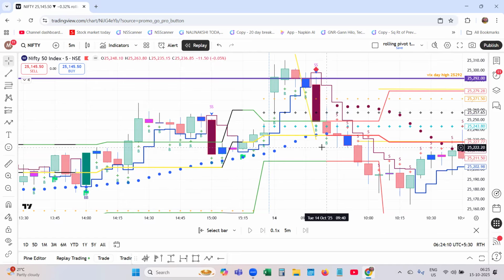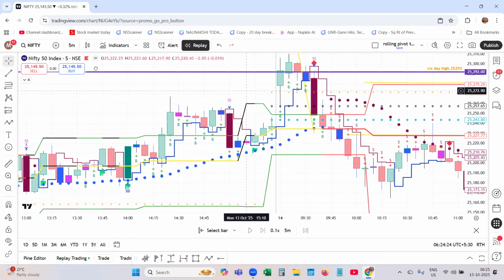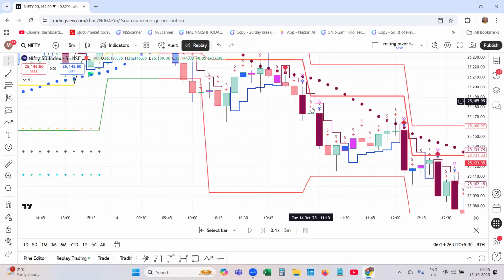This is the presence of the big player, and he pushed it higher. You can see the big, wide range bar, that is the presence of the big player. Now you can see every time the trend flipped after the pullback, you are seeing a wide range bar. After the wide range bar, there is a pullback.